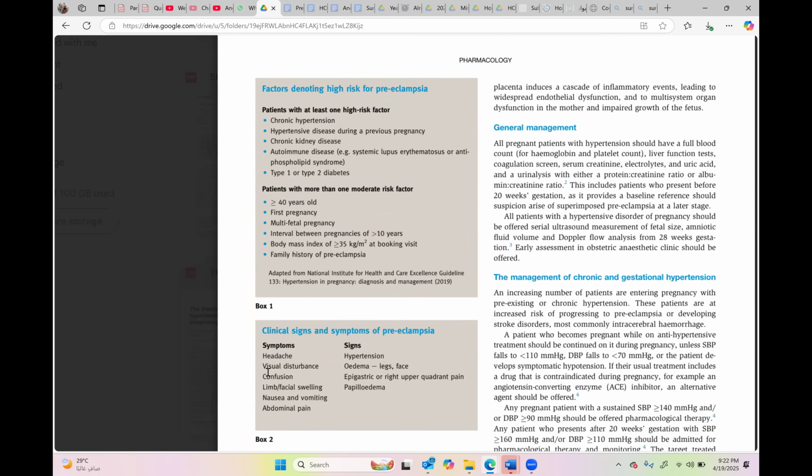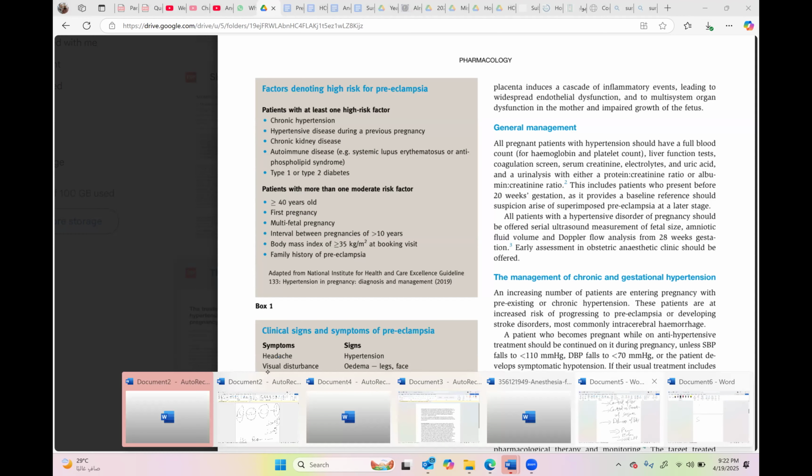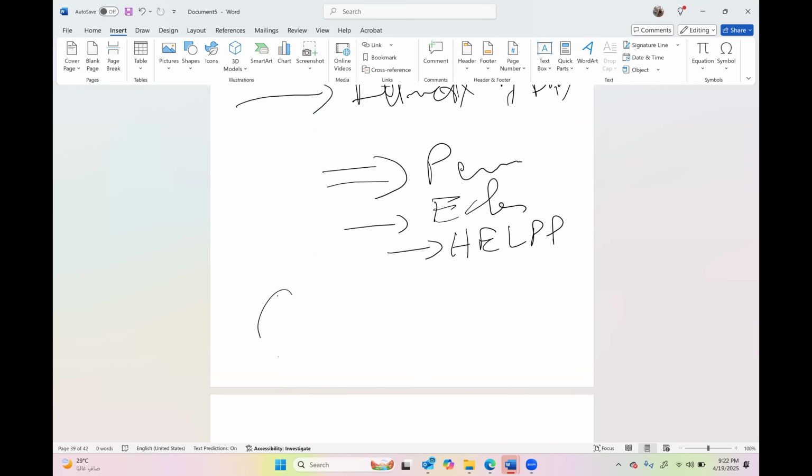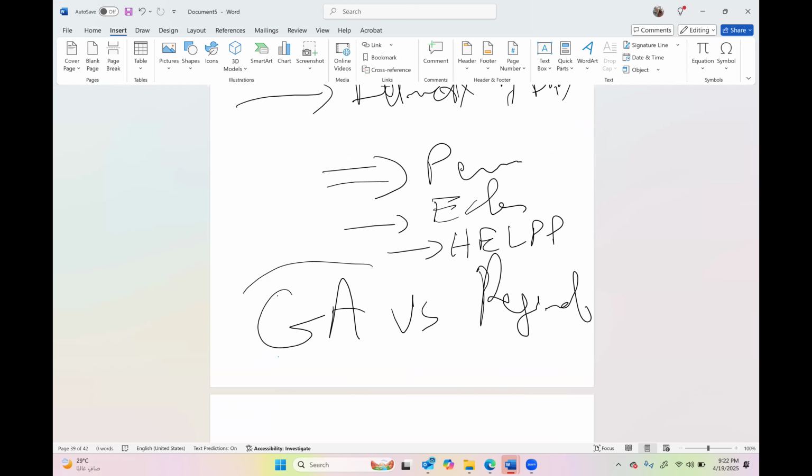Actually, I'm not wasting my time in the clinical part. The anesthesia consideration will be about our choice of anesthesia, whether regional or GA, and if we opt for GA, then how we will be managing the case. If I want you to defend general anesthesia, what things will be supporting general anesthesia?